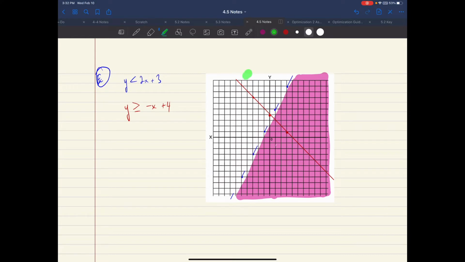The region above the red line is up here. It's all this region, and you can see where the overlap is. That overlapped region is our solution set. I'll delete some of this just to show you clearly where the solution set is. That's all right. So that overlapped region would be the solution region for that system of inequalities.